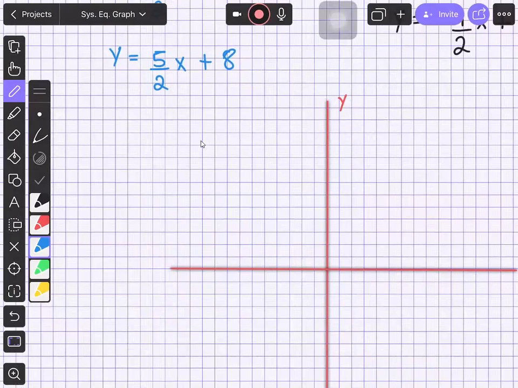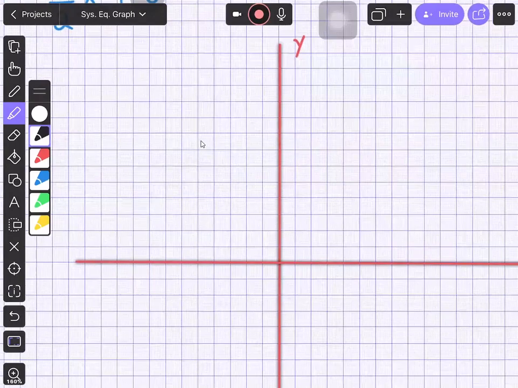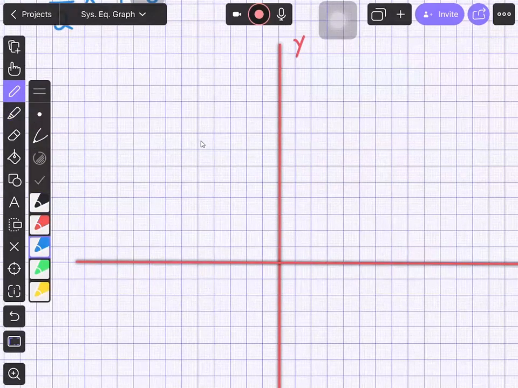The blue line has its intercept at 0,8. So on the y-axis, let's go for that 8. 1, 2, 3, 4, 5, 6, 7, 8. Right here is my first point.